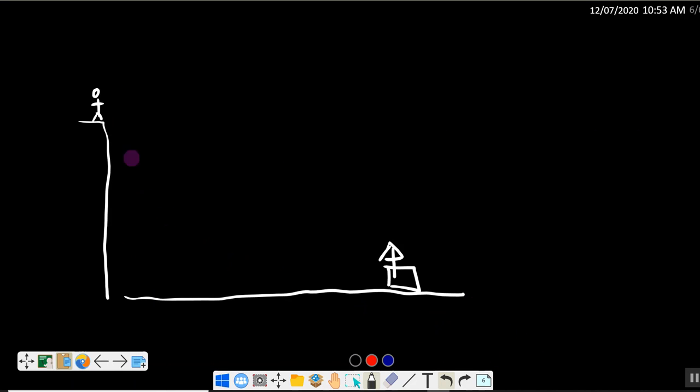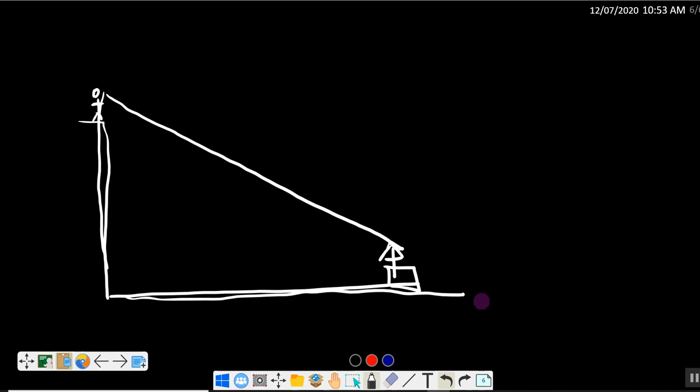I could say, if they look at the boat, and they're this high off the ground, yeah? What shape have I created? Right angle triangle, yeah? So we could do that.